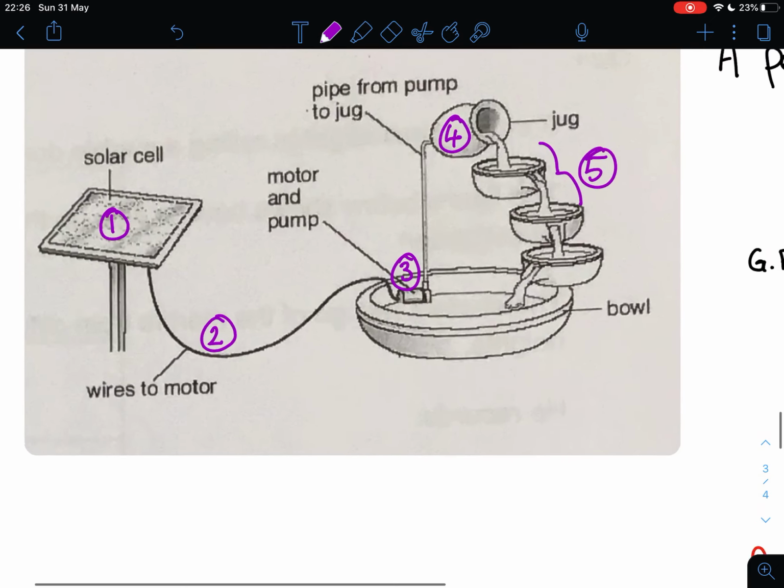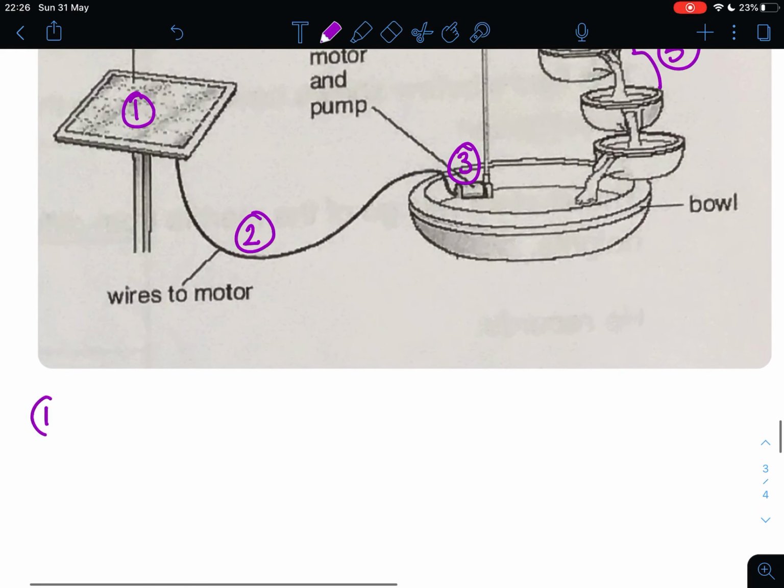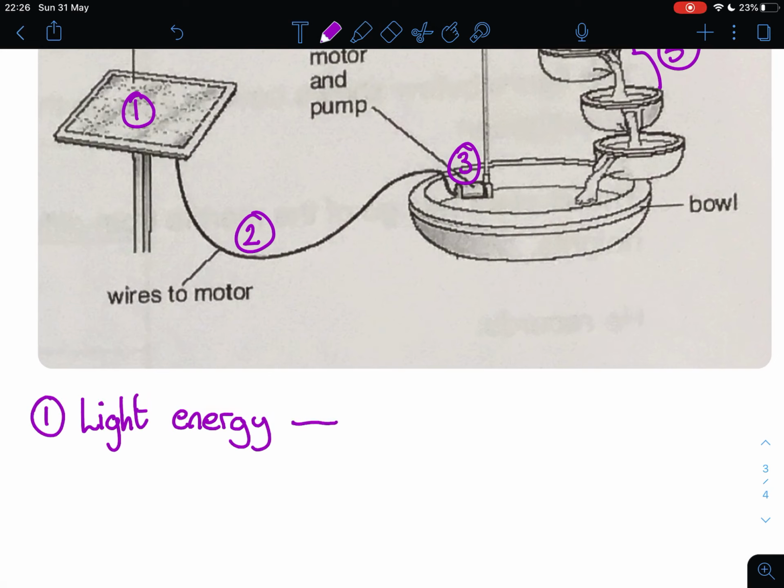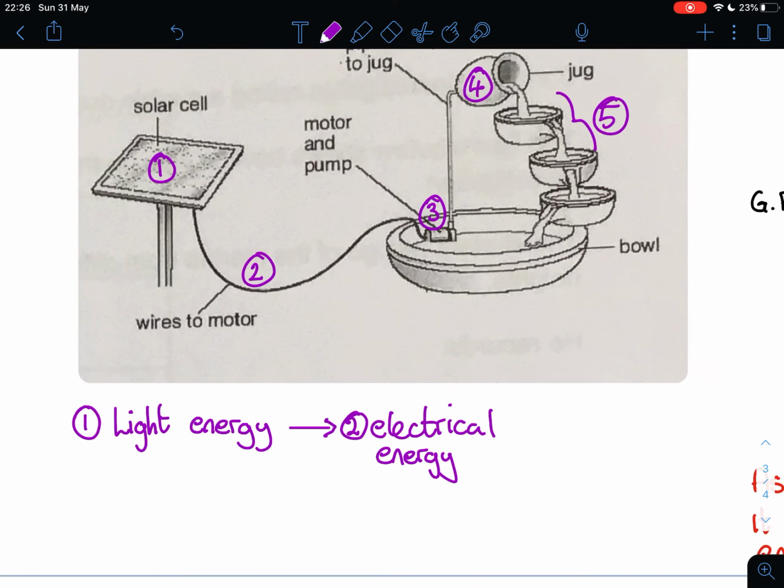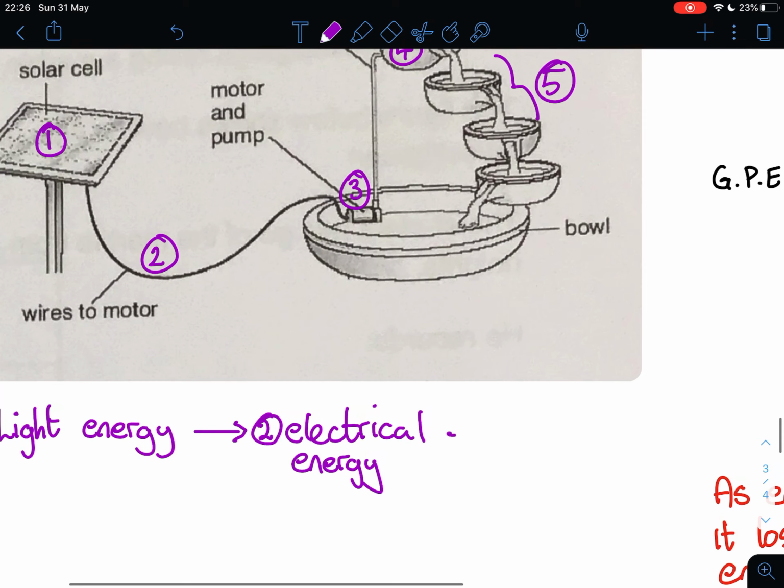So let's have a look. At number 1, we have light energy. What's happening next? Number 2, it's changing into electrical energy. Number 3, I'm going to run out of space. I'm going to shrink this in a bit.